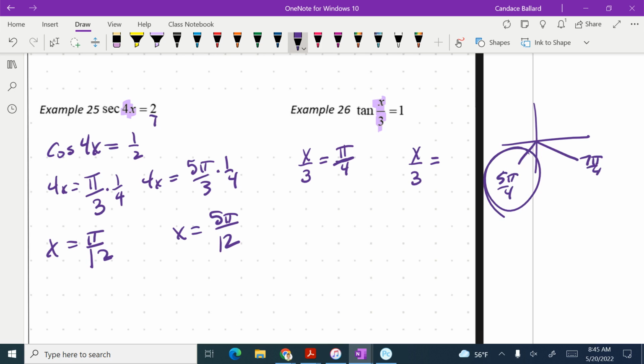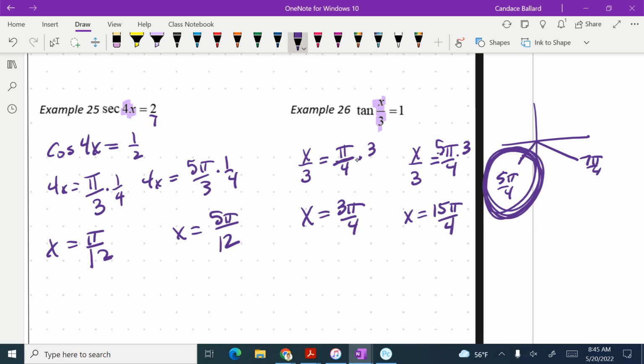Which tangent's would be positive or negative there, right? Which would make it positive. Okay, so this should be 5 pi over 4. All right, how do we move the 3 to the other side? Multiply, good. So you've got x equals 3 pi over 4. And let's see what's 5 times 3. 15. So x equals 15 pi over 4. Is 15 pi over 4 going to be on our unit circle? No. So it's just going to be 3 pi over 4 on that one. Okay.